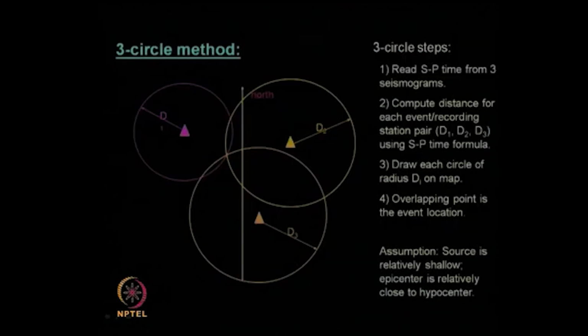Let us come to another method. This is the most popular method to find the earthquake epicenter, which is called the 3-circle method. What is the 3-circle method? The steps are like this. First, you have to read the S wave arrival and P wave arrival times at a minimum of 3 seismograms, which are located far apart from each other.